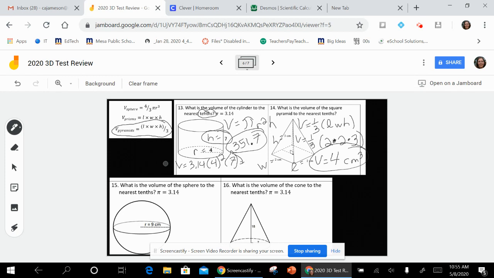Okay, volume of the sphere. For a sphere, we're going to use this. It's 4/3 pi times the radius cubed. You're all seeing why using decimal scientific is so good for doing this. So we're going to do 4/3, that A over B button.